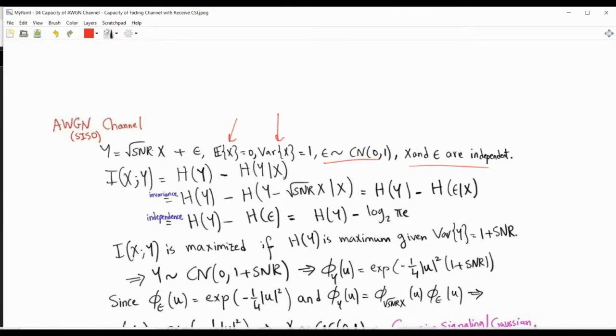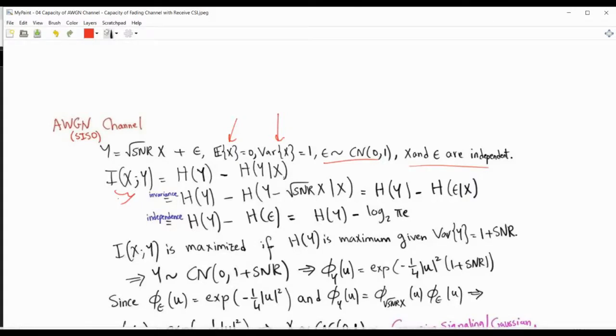You have a channel, you send a message X, you get Y at the receive side, and you want Y to convey to you the maximum information regarding X. So in communications, theoretically, we try to find situations in which the mutual information between X and Y is maximized. That's the essence of the so-called channel capacity.